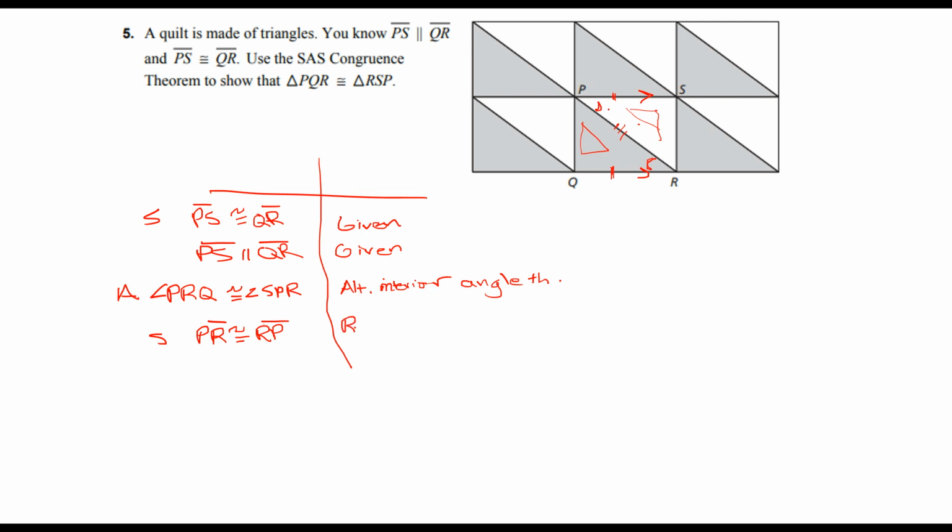And how do I know that? That's reflexive. And so therefore, I've got side, angle, side. So I'm going to say, finally, that the two triangles are congruent. So I have proven that they are. PQR is congruent with RSP because of the side angle side theorem.